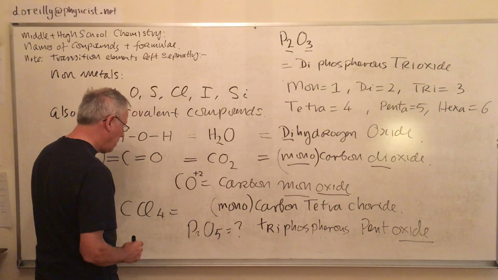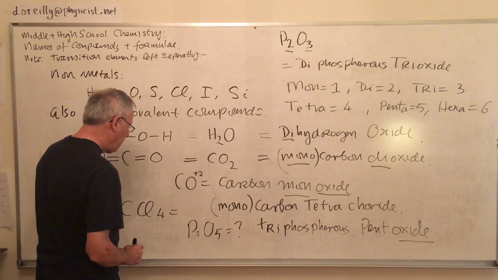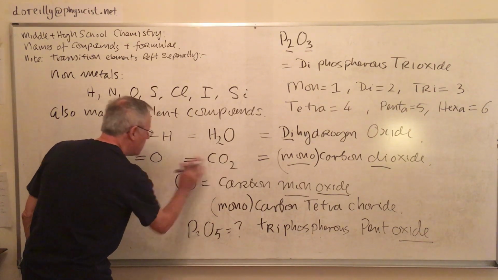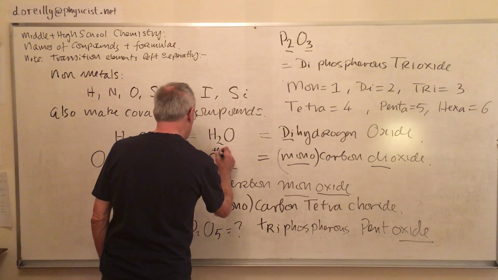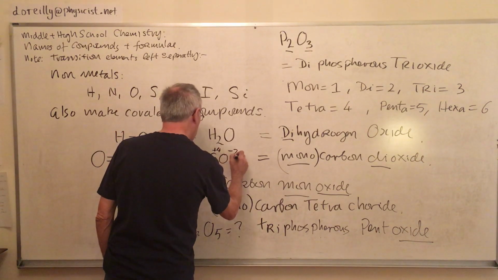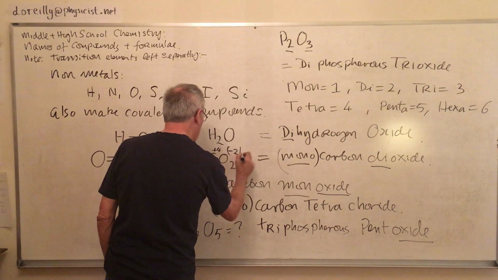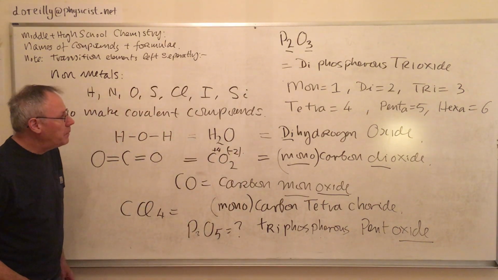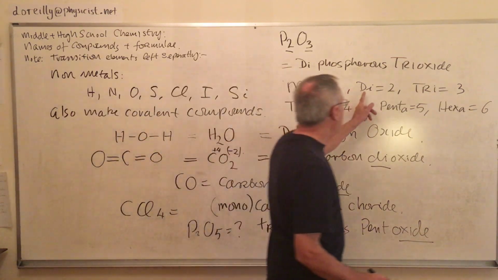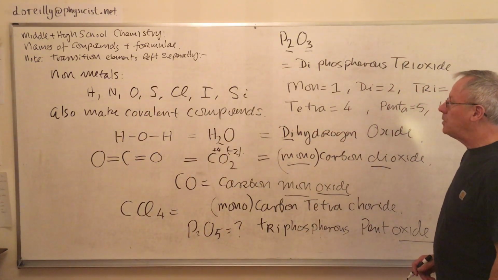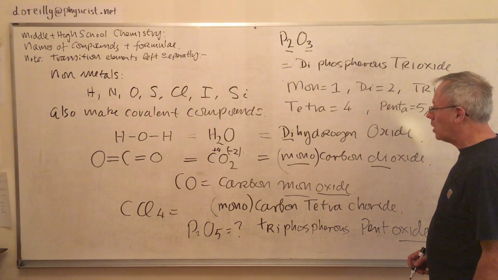I don't know how that one works out. Never mind. And we have 2 of those, so we get a neutral compound. And don't worry about these things yet. I'm just giving you the pattern with the prefixes for naming covalent compounds. So that's the way covalent compounds work.